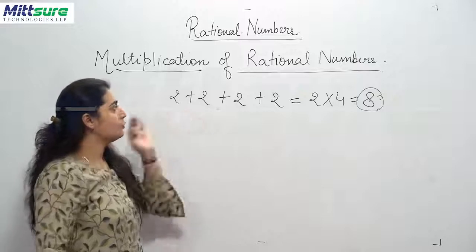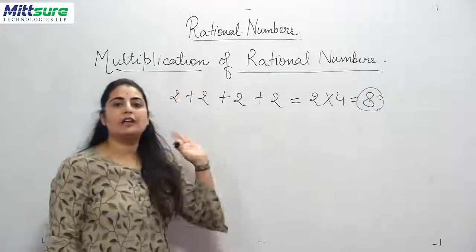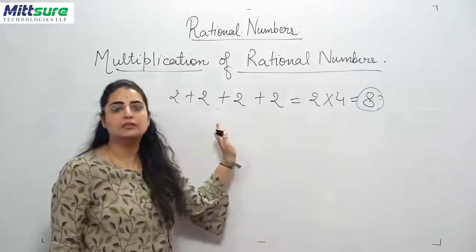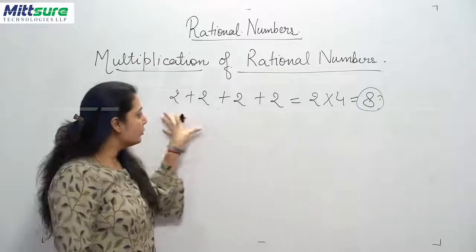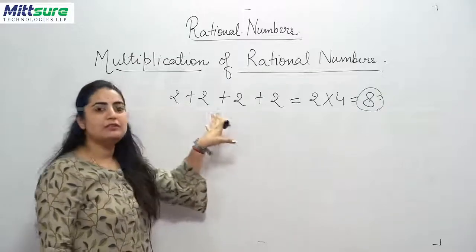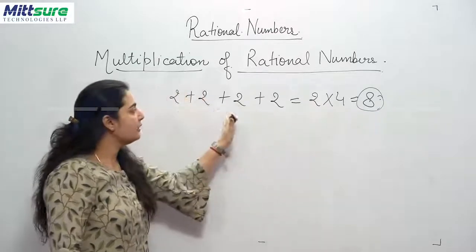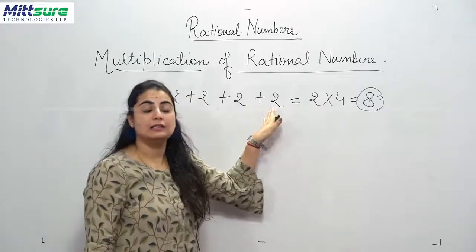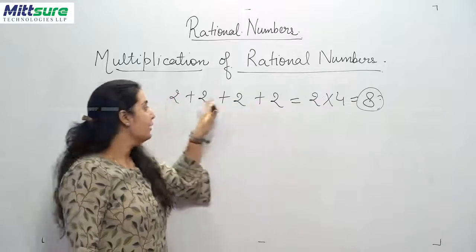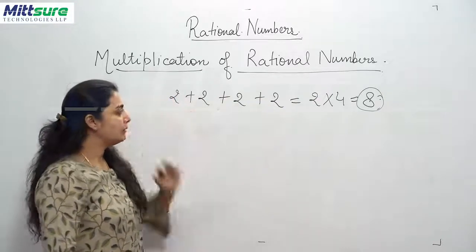So this shows that multiplication of any number is repetitive addition. To avoid the repetitive addition, we multiply the number by the number of times it is repeating itself. This is how multiplication takes place.